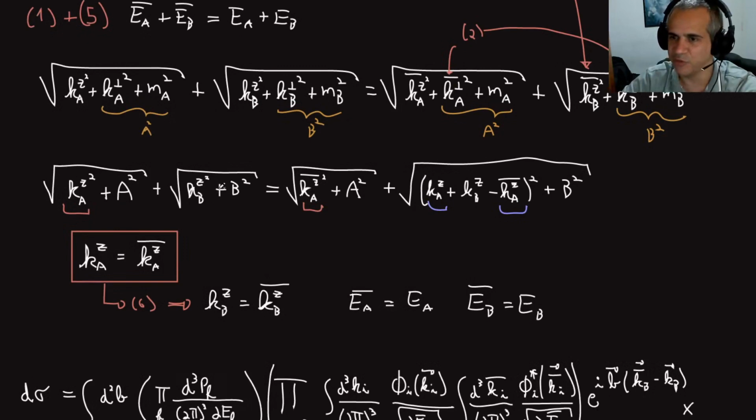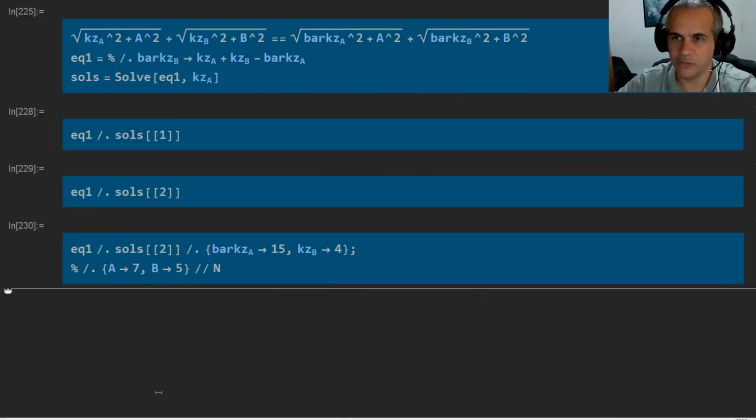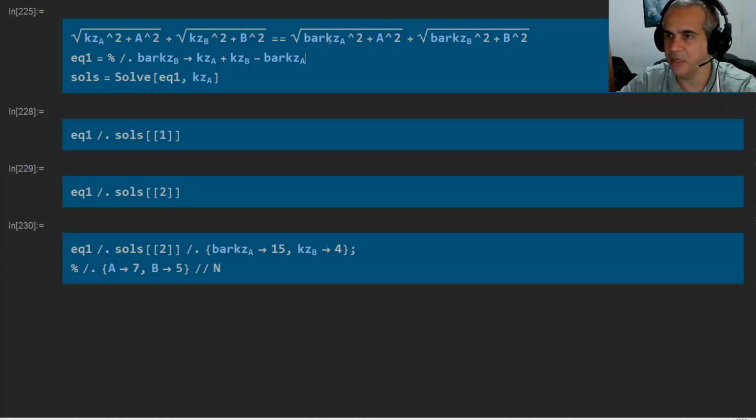Right? The way to solve it is to isolate square roots one by one and square the expressions again and again until you get rid of all the square roots and can solve for KAZ square. That's a lot of algebra, so let's use a shortcut here. Mathematica can help us with that. So that's the same equation, right? I just call KZA, KZB.